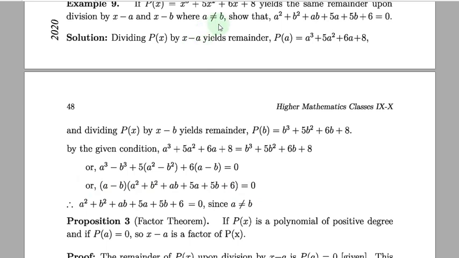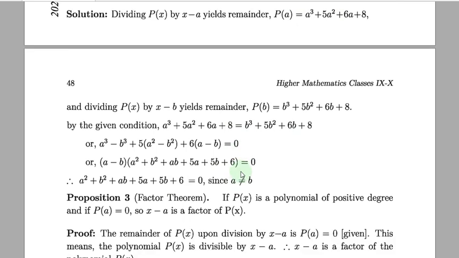If a were equal to b, we could not divide by a minus b, because a minus b would be 0, but here a is not equal to b, so we can divide this equation by a minus b, because a minus b is non-zero. So we will get this, which is what the question told us to show, and so the question is solved.